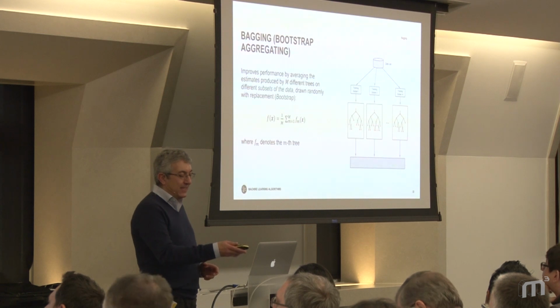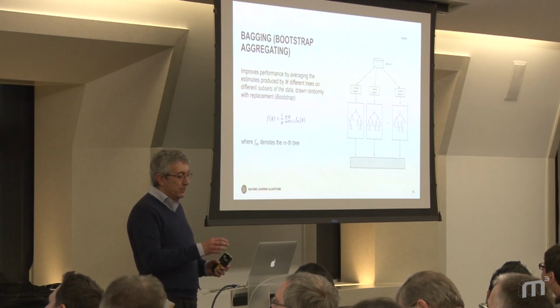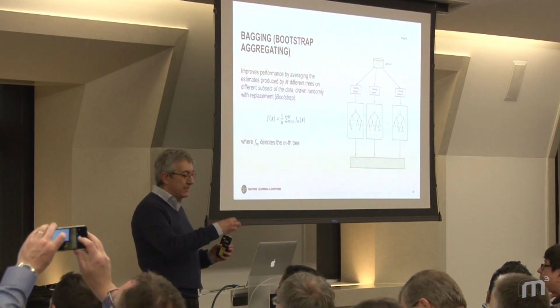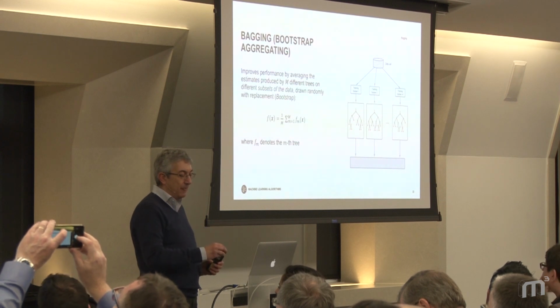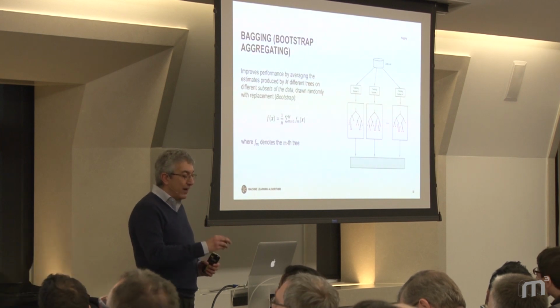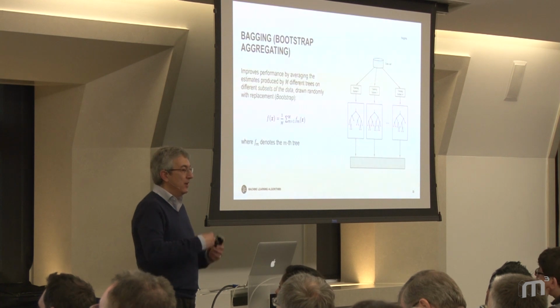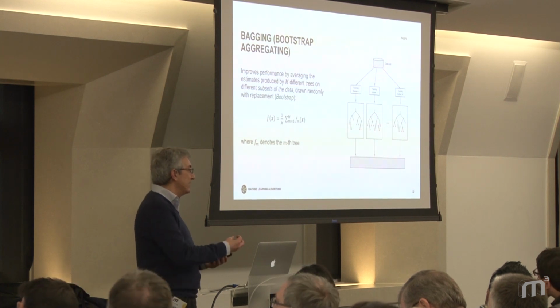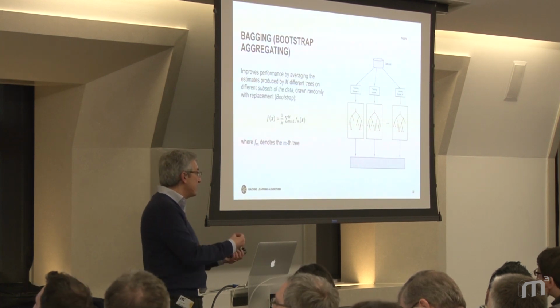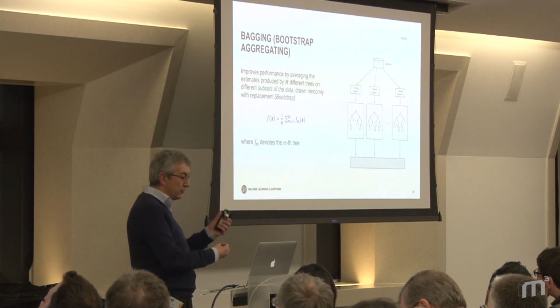Basically, we have one data set, and bootstrap allows us to generate multiple subsets of data from the original data set by drawing data randomly with replacement. So one draws data from the original data set, this constitutes a new subset, and that is used to grow one tree.